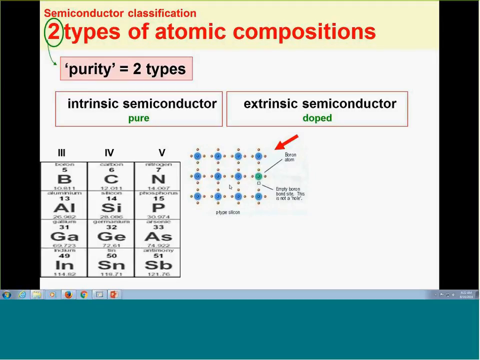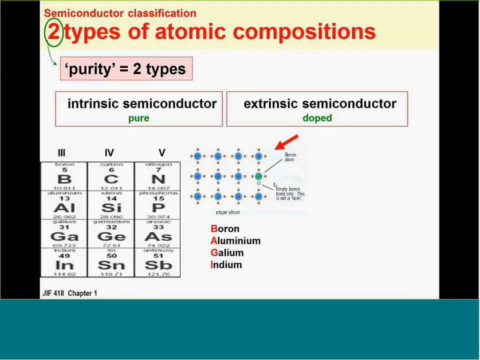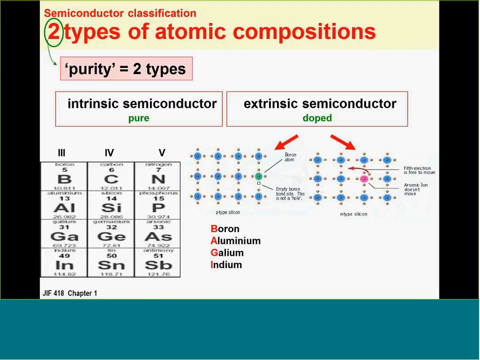Basically for the first part, most of you are right. Yes, you add group 5 so that you have the possibility of having extra electrons. But for you to have them as charge carriers, you have to put it at the lattice site.